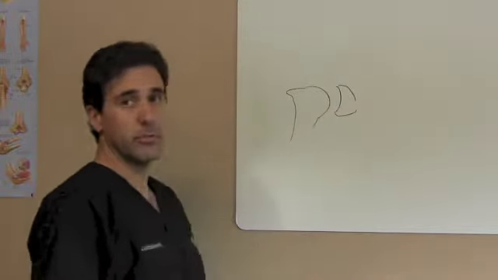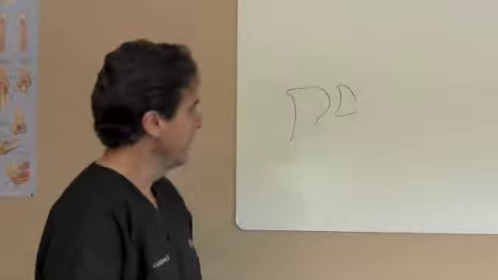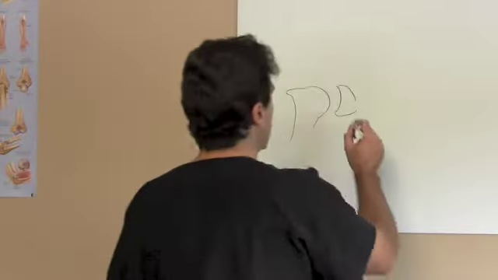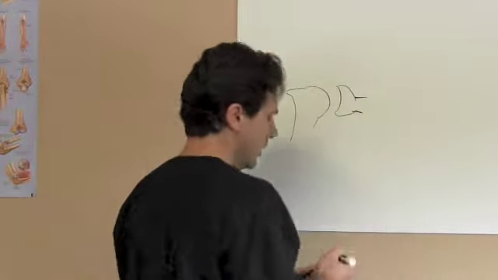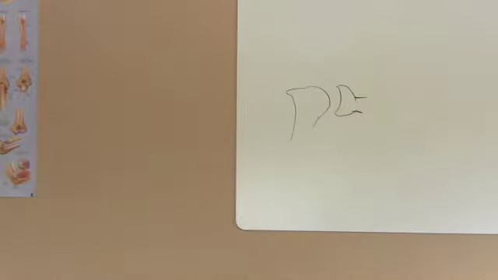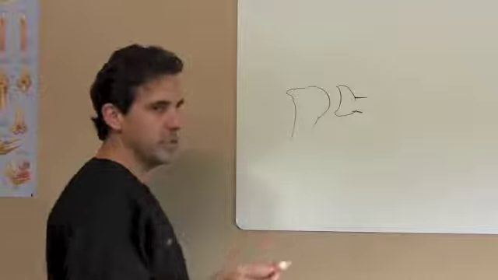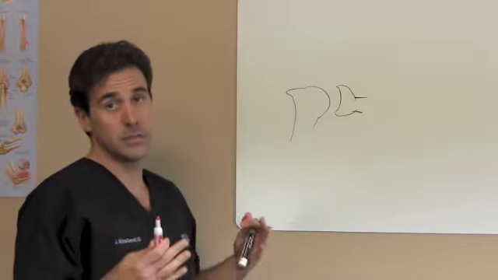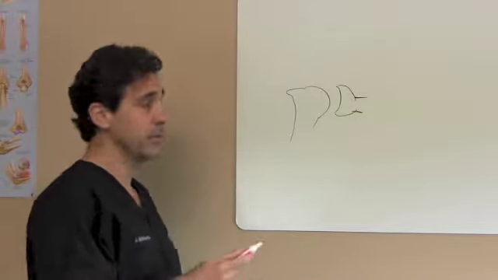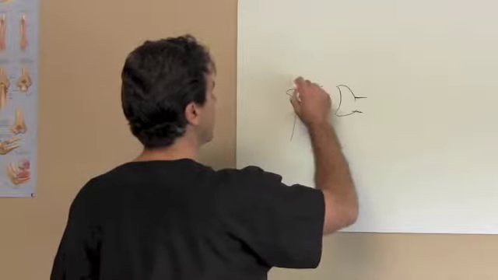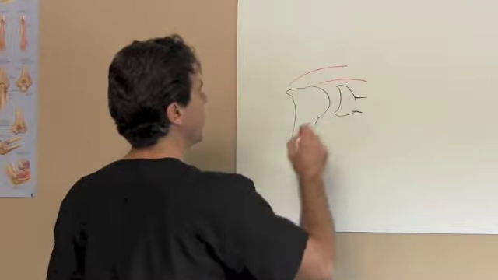So basically, here's your ball and socket, okay? Apologize for my artwork here, but we'll try to make it work. As we mentioned before, the supraspinatus is the muscle tendon unit at the top of the shoulder, okay?